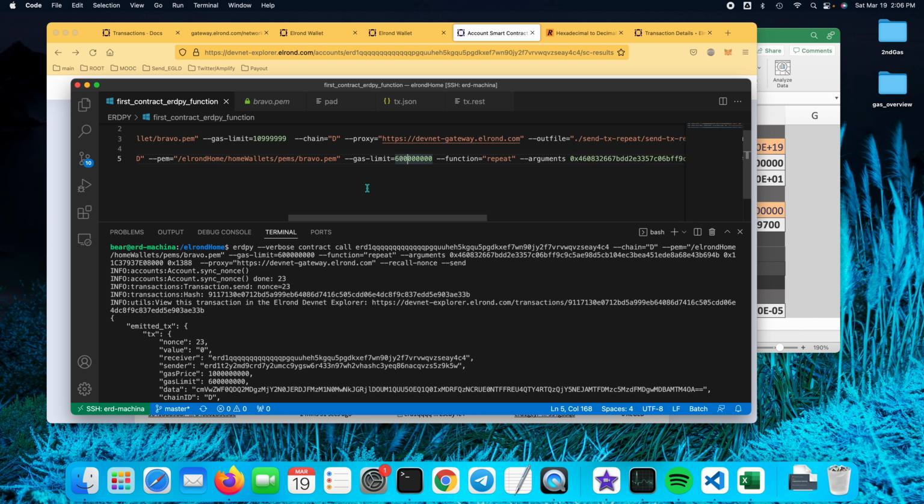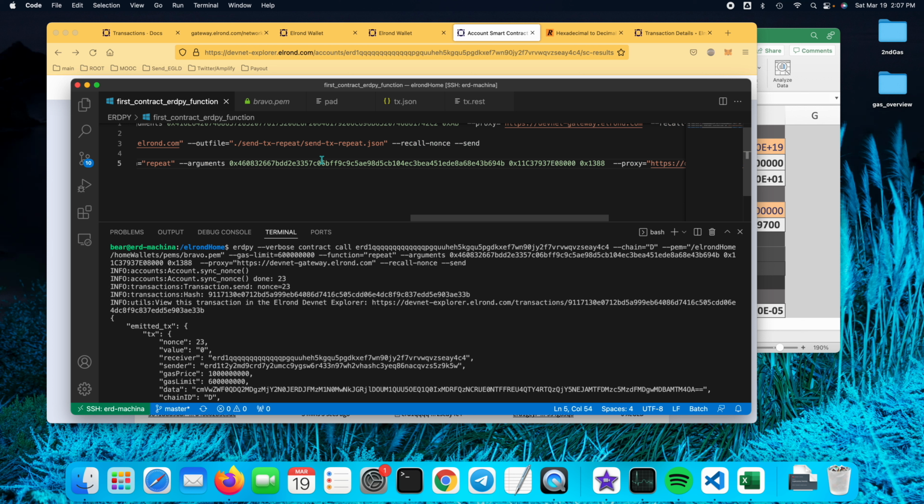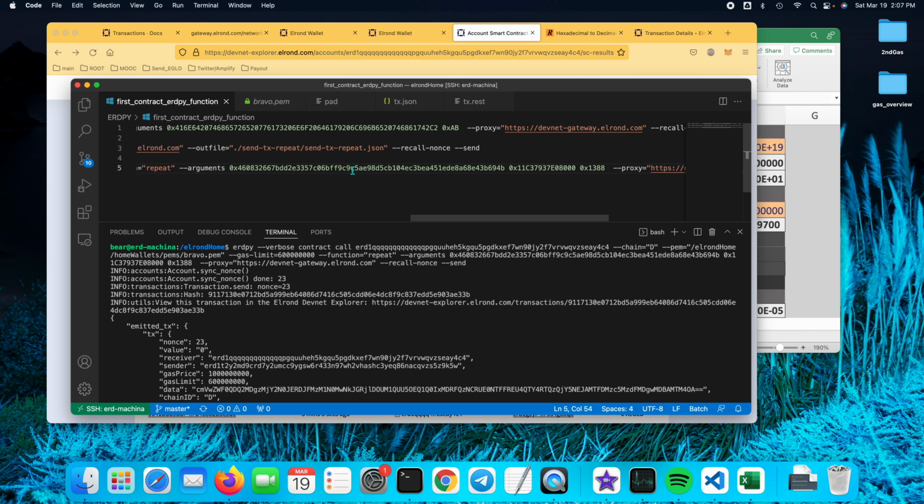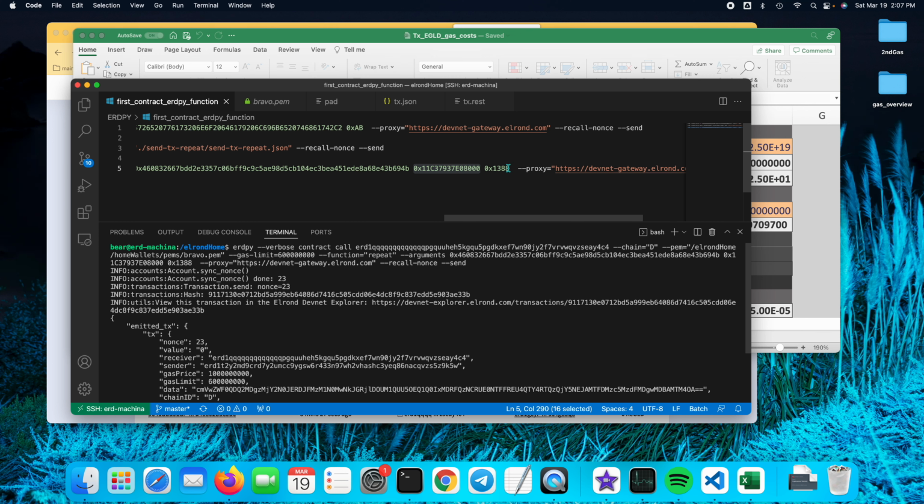It's going to send ExeGold from the contract address to this address here in hex. This is the amount, and this is the hex for 5,000 times.